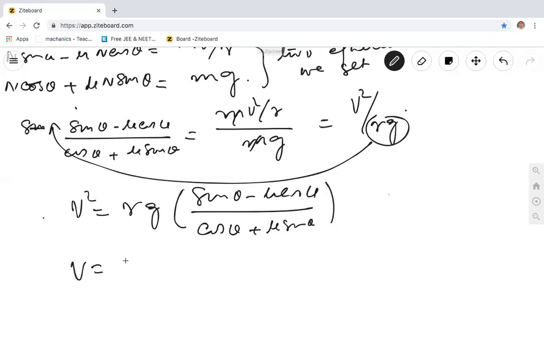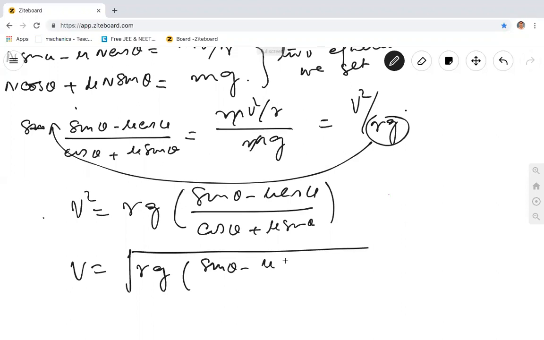And v equals root of rg times sine theta minus mu cos theta divided by cos theta plus mu sine theta. This is the velocity, minimum velocity.